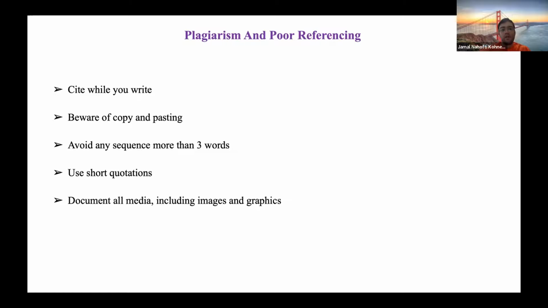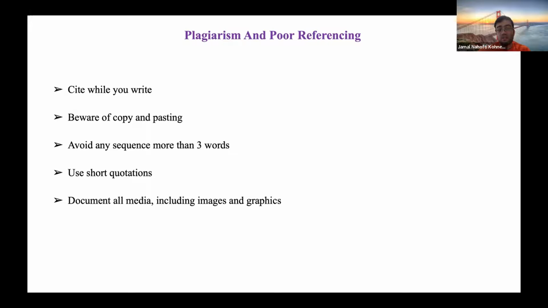Also, you need to avoid any sequence of more than 3 words. That's the rule of thumb for literature review. You need to paraphrase whatever you use from others, not use exact words. But when you want to use exact words and show them to others, mostly for definitions, you can use short quotations for specific sentences or a specific part of those sentences.